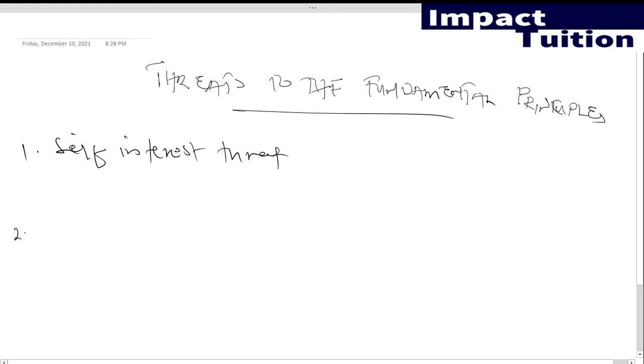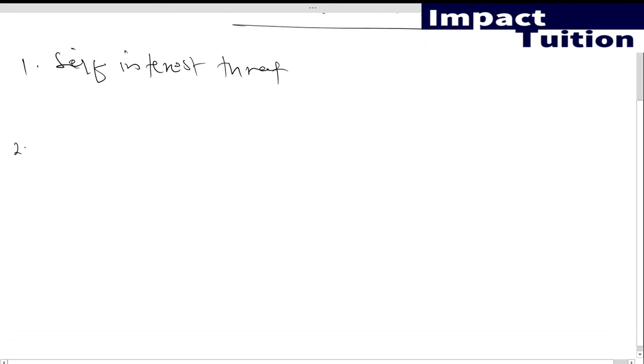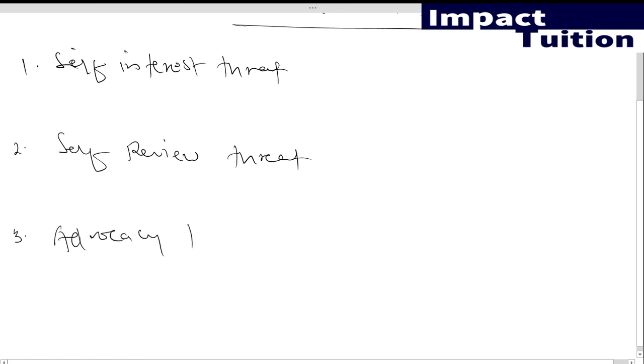Two, self-review threat. Three, advocacy threat. Four, familiarity threat.